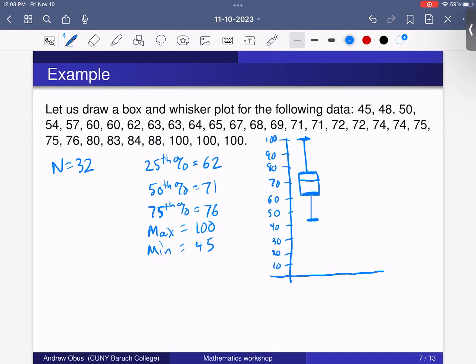But before I go on to that, any questions about how this box and whisker plot works? Any questions?